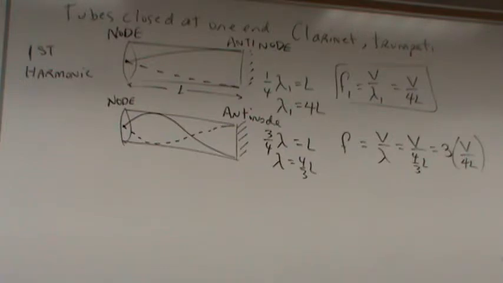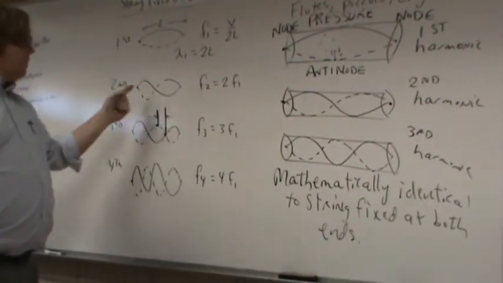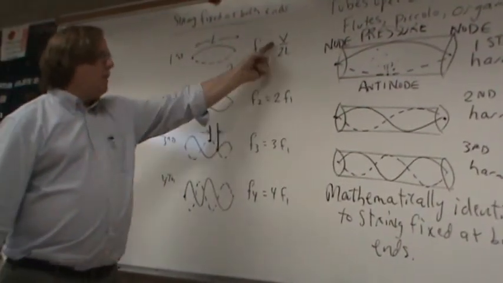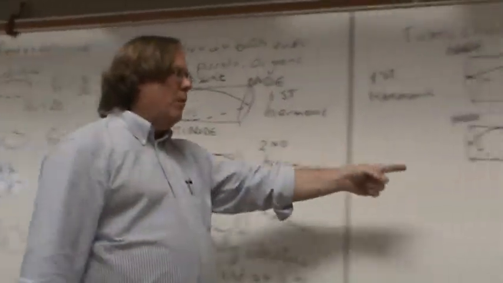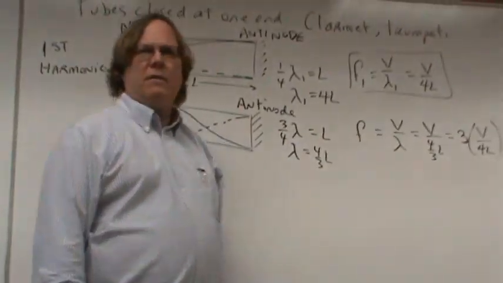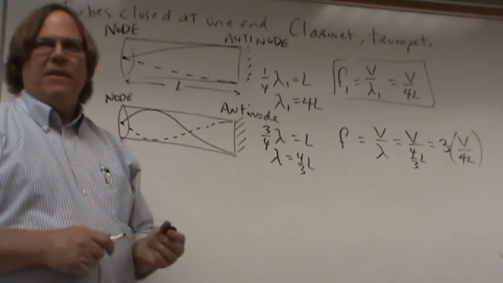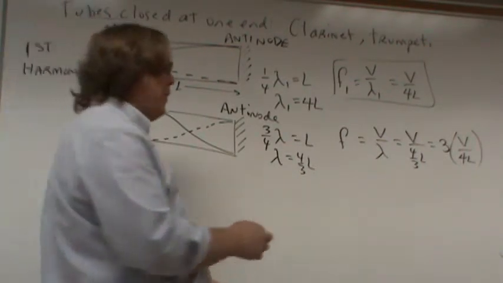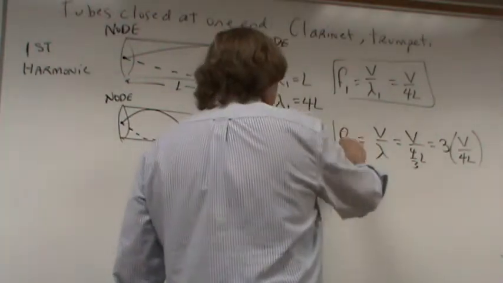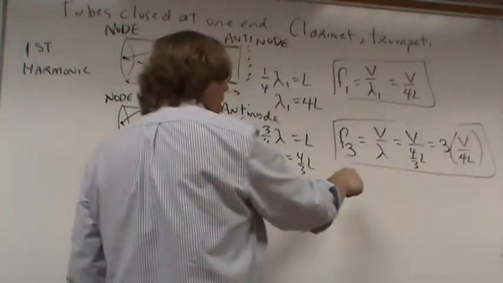Keeping in mind that you can find the harmonic by just multiplying which harmonic it is by the fundamental frequency. Which harmonic did I just find here? Thank you, Fatima. Say it again. You guys okay? I just found the third harmonic. This is the third harmonic.